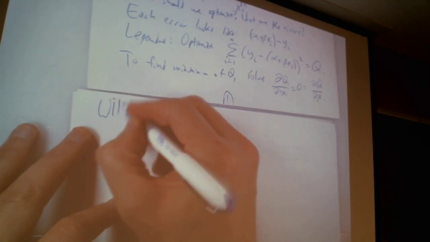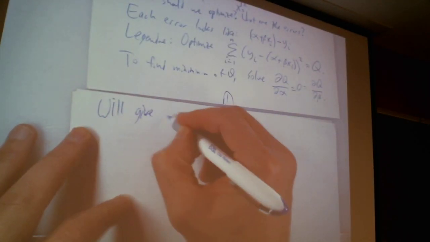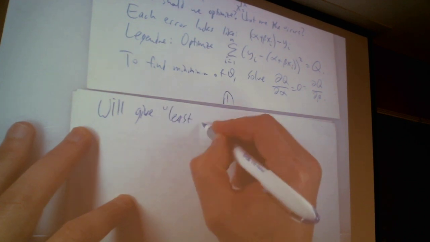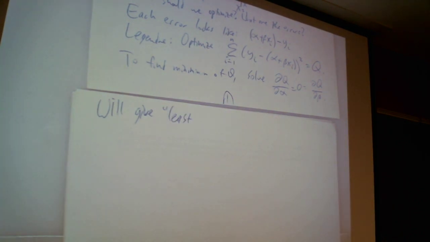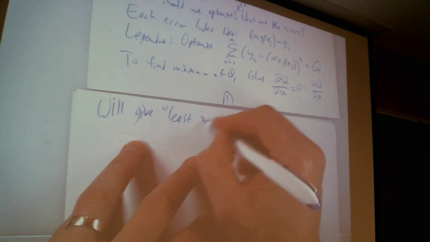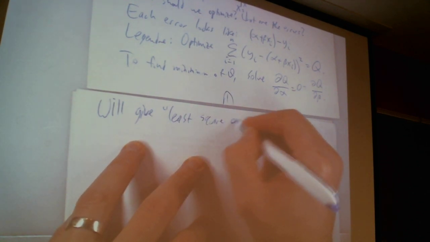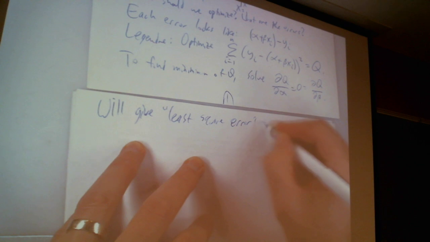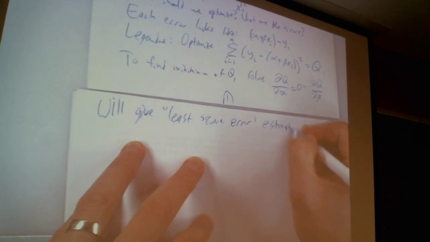So this will give what is called the method of least squares. Using the method of least square error, we get estimators alpha hat, beta hat.